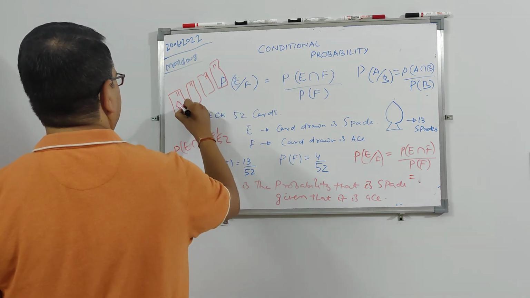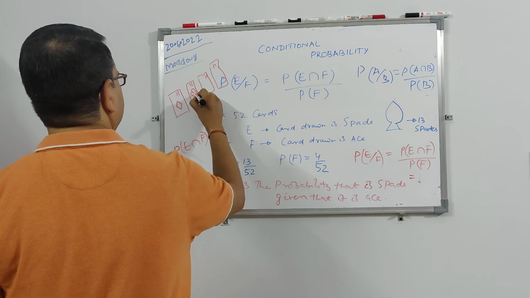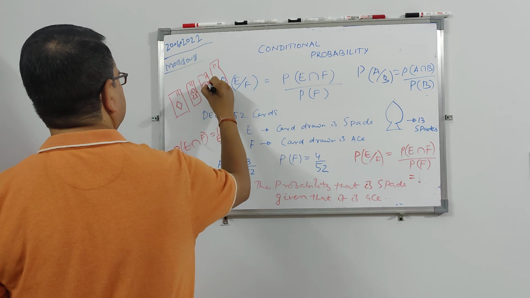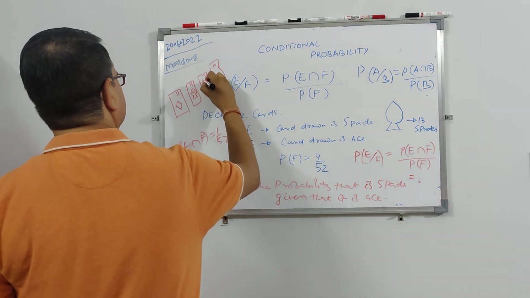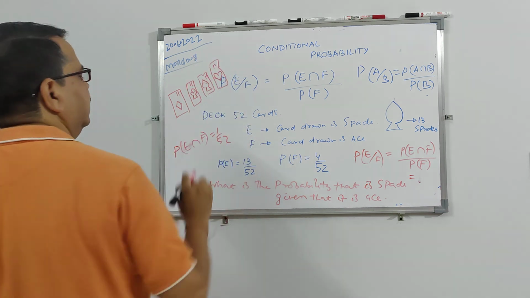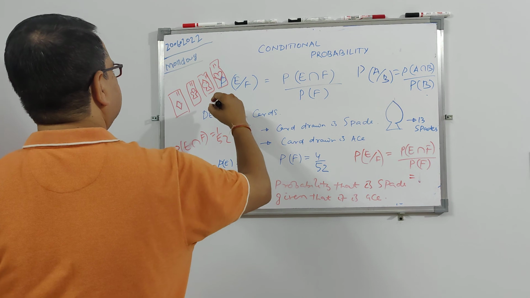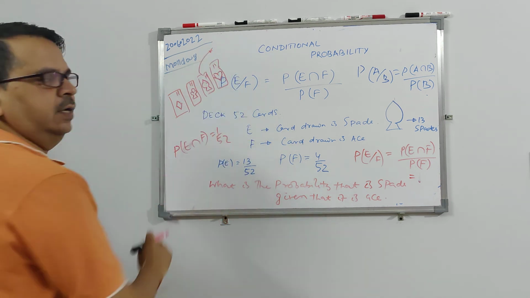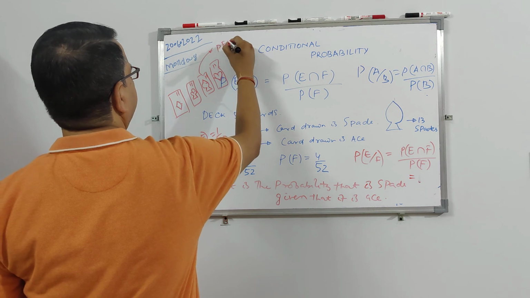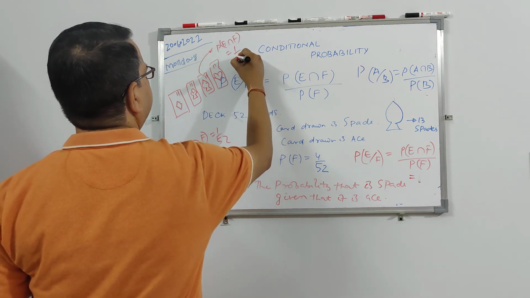Here this is diamond, and this is club, and this is your spade, and this is your heart, right? Like this, you have 4 aces. Out of these, only one is the ace of spades. So its probability, the probability of E intersection F, is equal to 1 by 52.